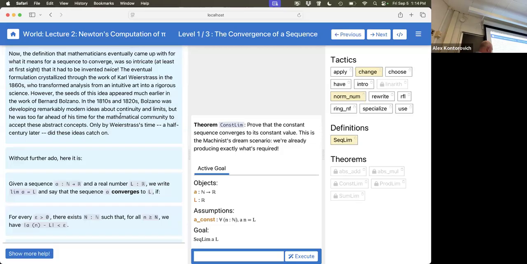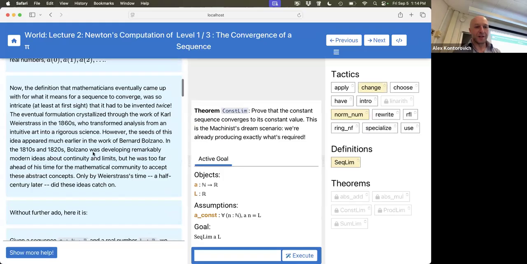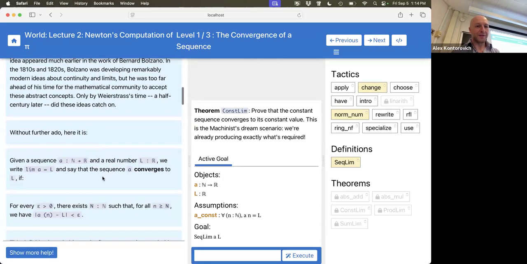Can I zoom in a little? Does that help? A is the name of the sequence, like A of 0, A of 1, A of 2. That's a sequence, just a bunch of numbers in a row. For every natural number, I give you some real number. And now I have a hypothetical limit.